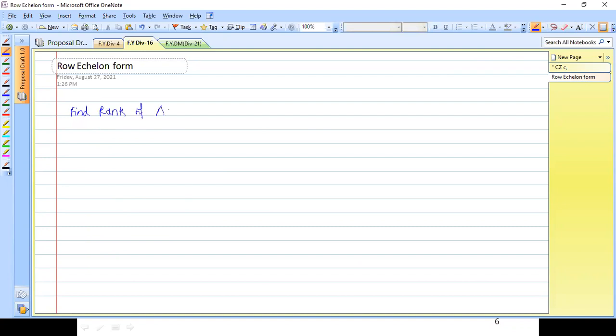Find rank of A, a 4 by 4 matrix. What will be the rank? Someone is saying 1, so I can write down rank is equal to 1.